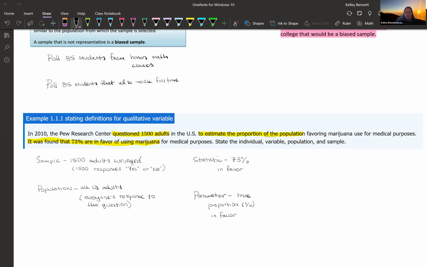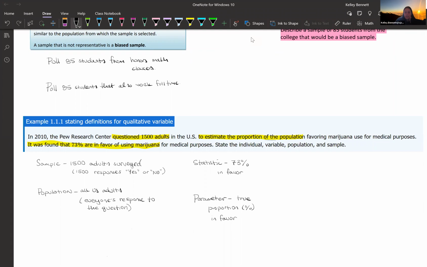So the last thing you want to do is state the individual and the variable. Remember that the individual is the who and the variable is the what. So for individual, this is just US adults. A US adult, one of them, is an individual.